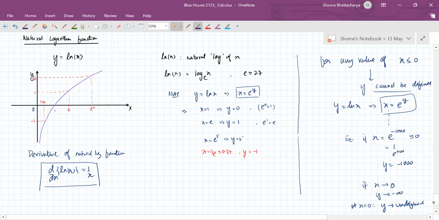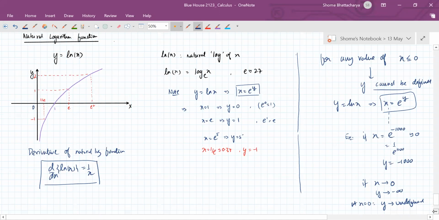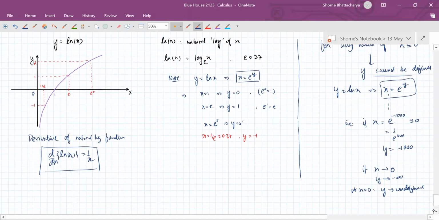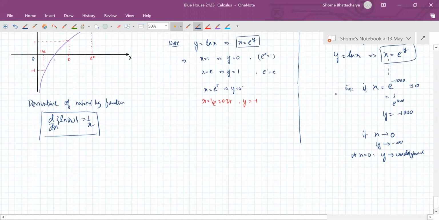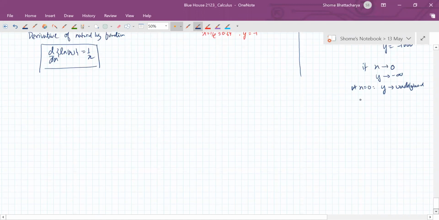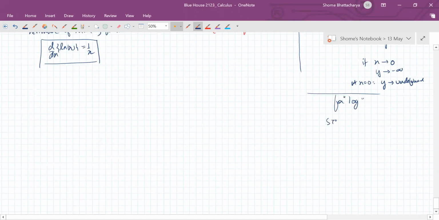Another general thing you should know is that in logarithms in maths, the standard base is 10. So when we use the expression log of some number, it basically means log of that number to the base 10.